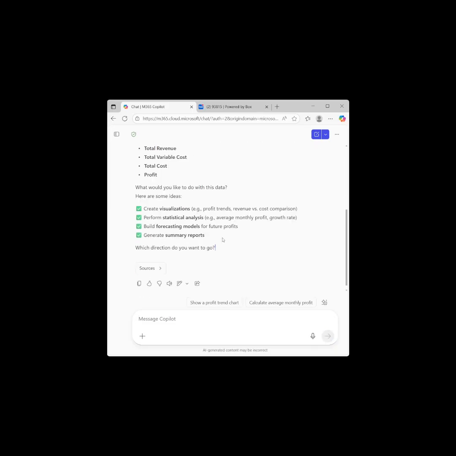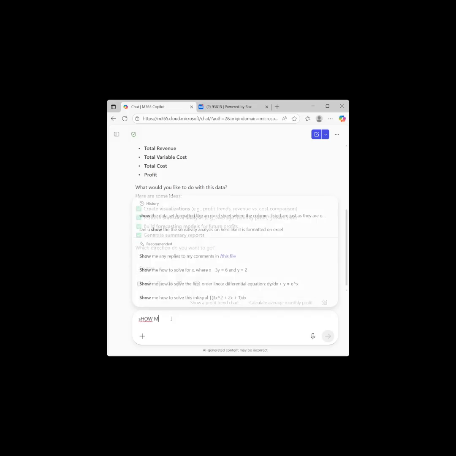So let's start off by just asking CoPilot to give us the data set formatted like it is on Excel.